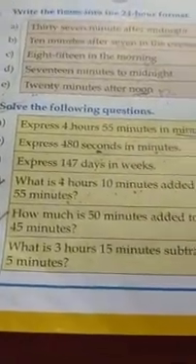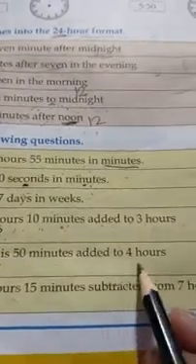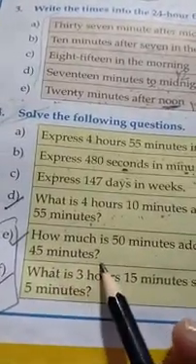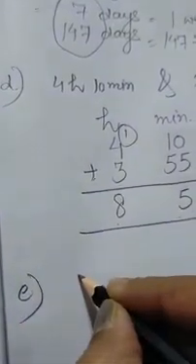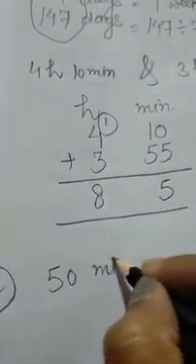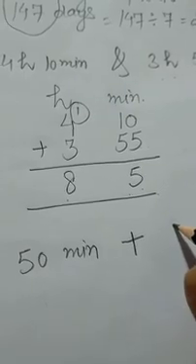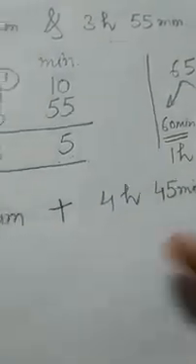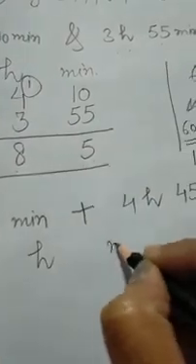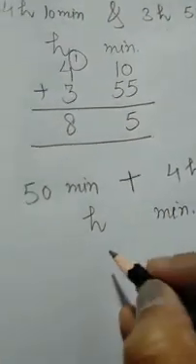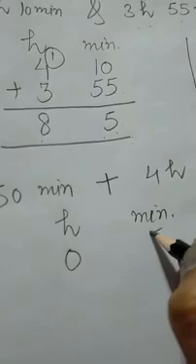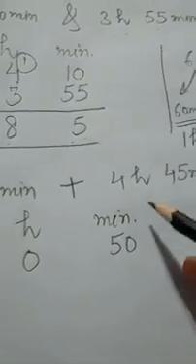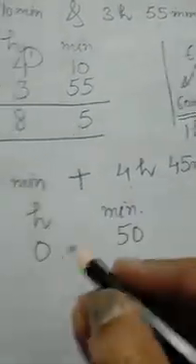Yes, now next is E part. How much is 50 minutes added to 4 hours 45 minutes? We will write hours and minutes. Here 0 hours 50 minutes. Then next it will be written 4 hours 45 minutes.